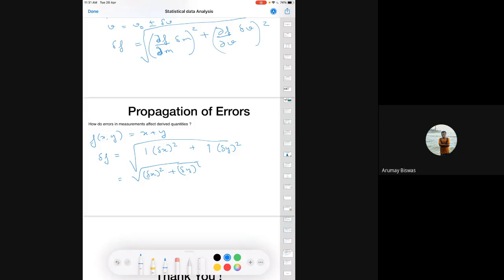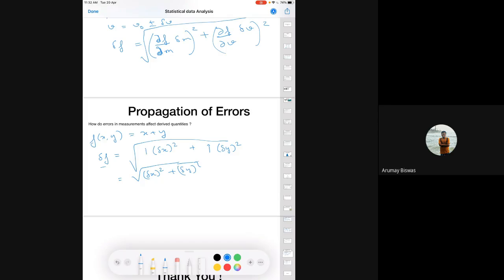As homework, you can verify this for subtraction, which is obvious, and also for multiplication and division. And you will see that in multiplication and division, if you just calculate delta f, then the expression is quite complicated and unsymmetric.